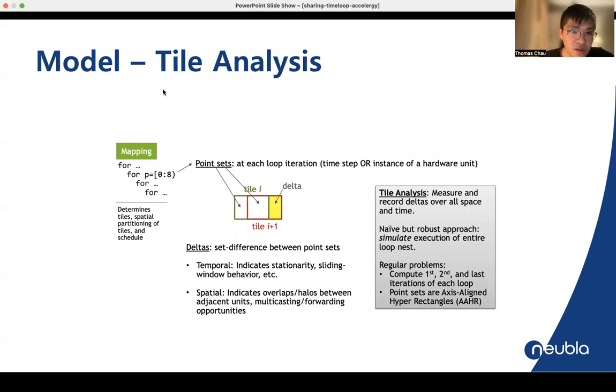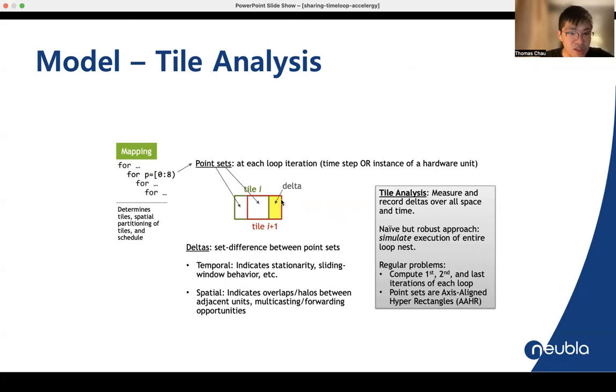So if you remember the diagram before, the model involved a tile analysis stage. Here it means tile analysis measures and records the delta of point sets over space and time. What I mean is that for each iteration of a loop, a point set moves across space or time.